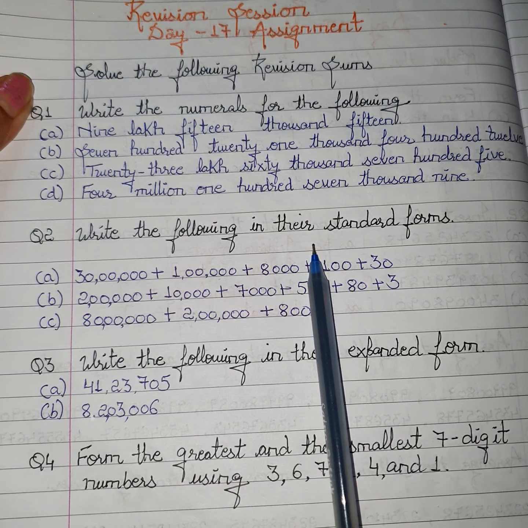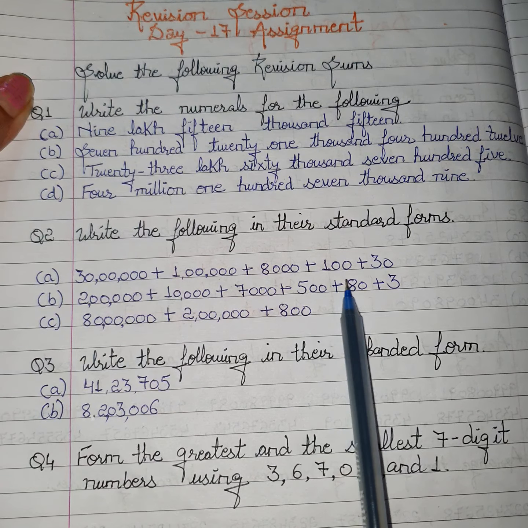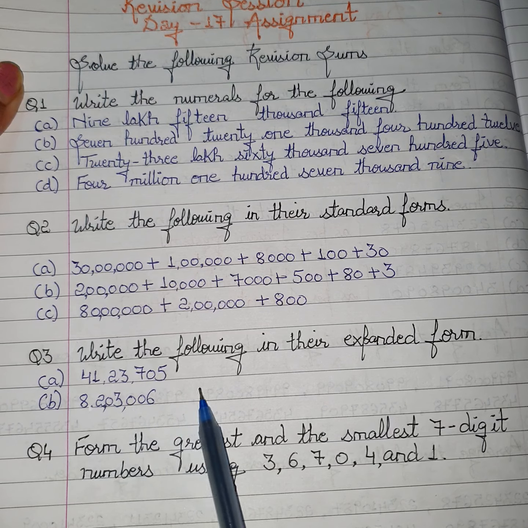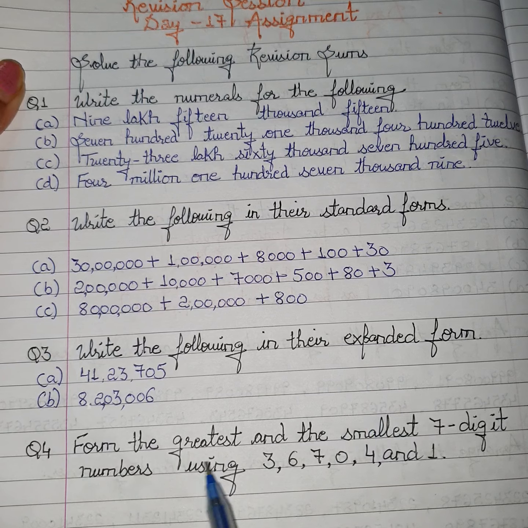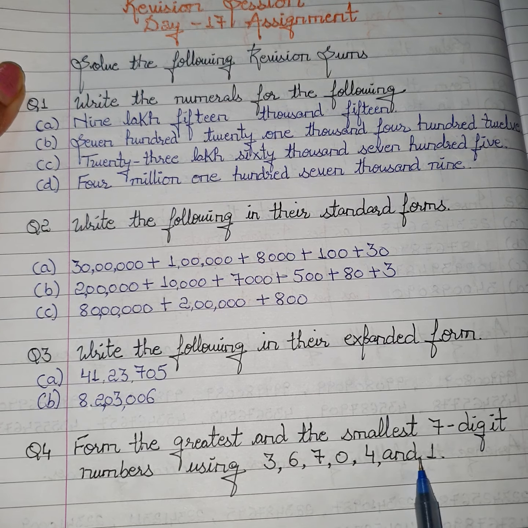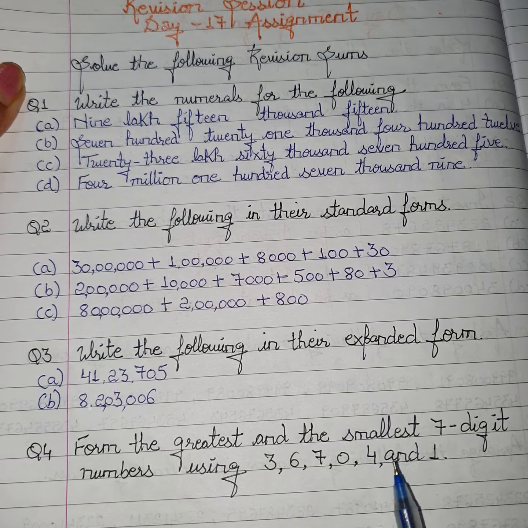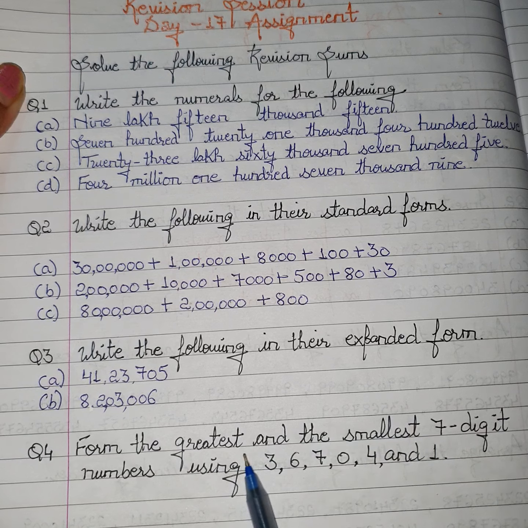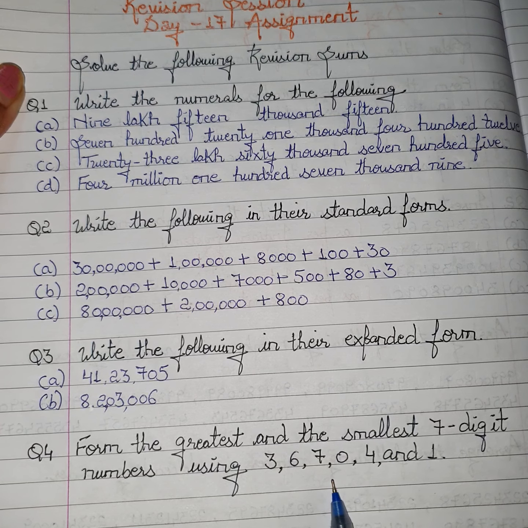Second, I gave you to write the numbers in their standard form. Third question, I gave you to write the number in expanded form. And fourth question, I gave you 6 numbers, and I told you to form the 7-digit greatest and smallest number by using these 6 digits.